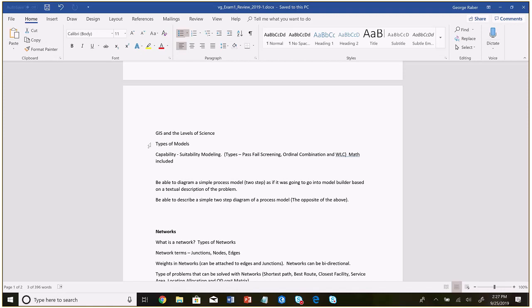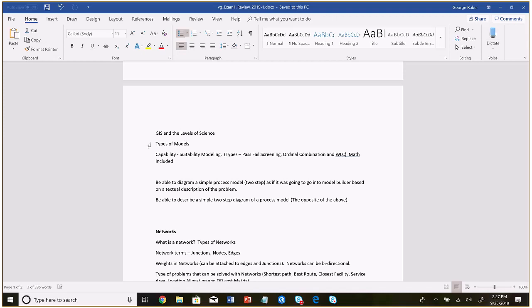Yeah, so capability suitability modeling, and we talked about three different types, almost four from the lecture, but really pass-fail screening and Boolean are the same thing. So we have Boolean or pass-fail screening, where the data sets are combined and they're just given values of 1 or 0.